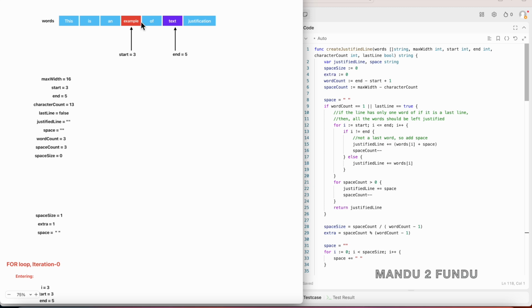Next I'm going to do the code walkthrough for the create justified line function. Let's take the case where the start pointer is positioned at the word "example" and the end pointer is at index 5. First we initialize the justified line and the space string with an empty string, and the space size is initialized to 0.